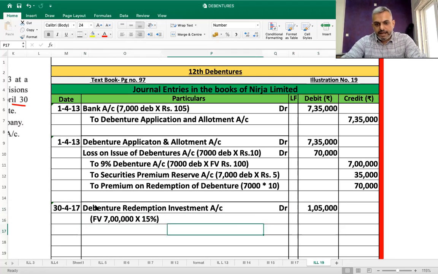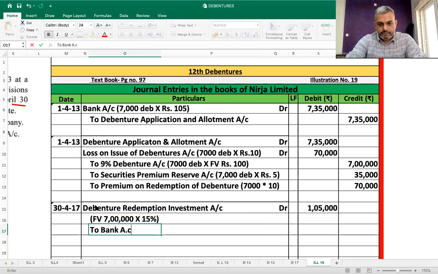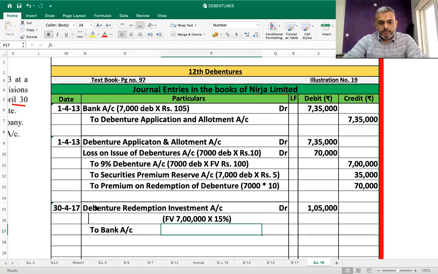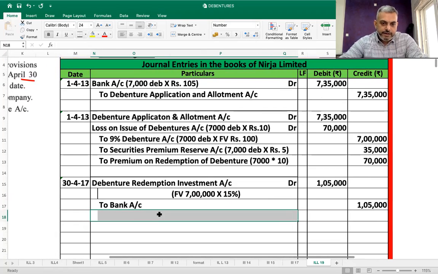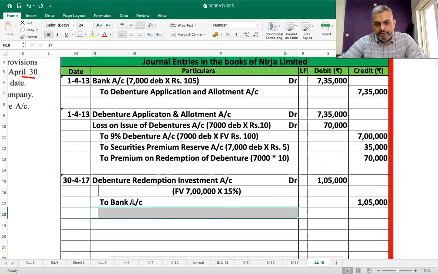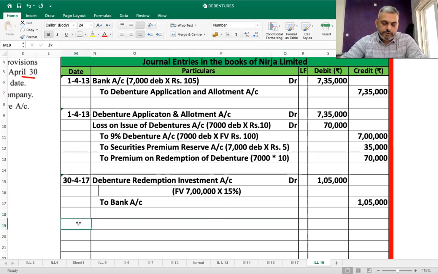It comes to 1 lakh 5,000 to bank. Bank account 1 lakh 5,000. Please be careful here. 15% of the face value of debenture is to be invested. So we create debenture redemption investment account.